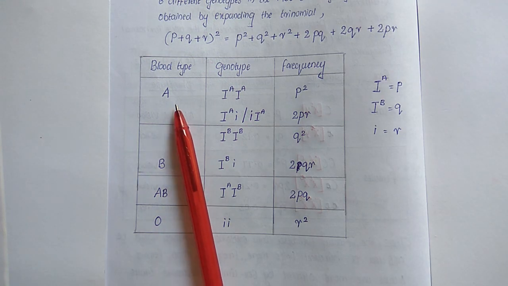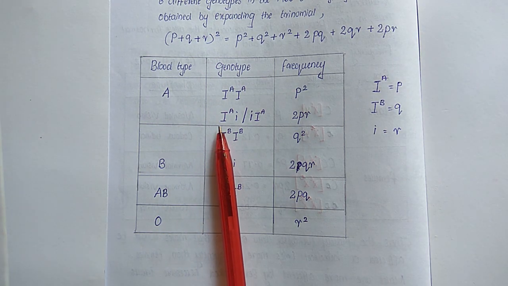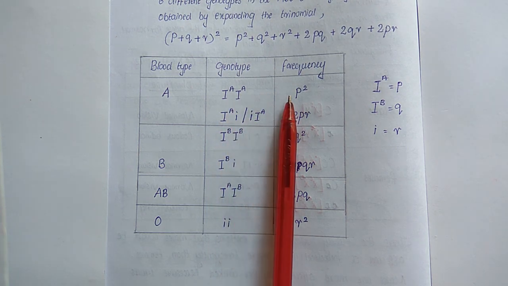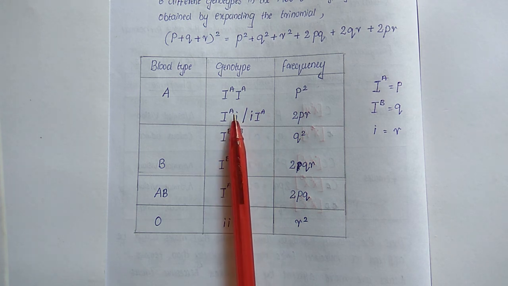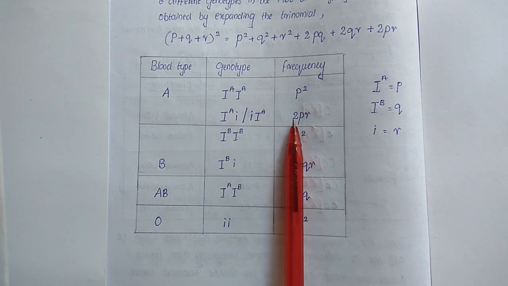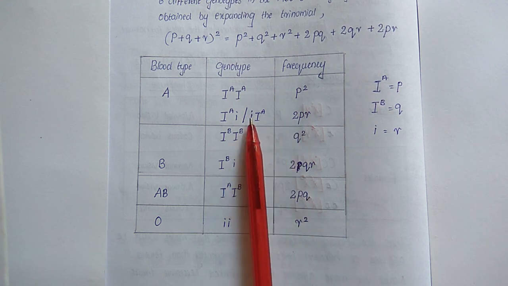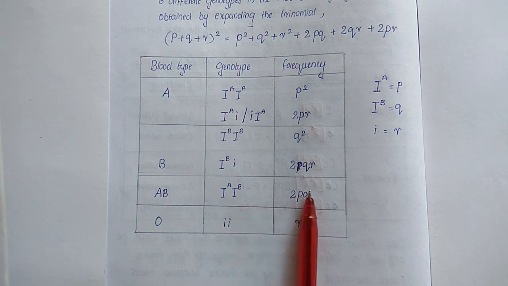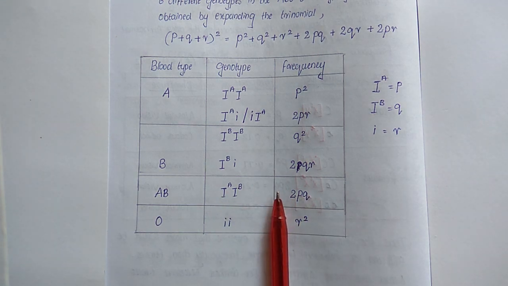In the A blood group, two possible genotypes are present. The first one is IAIA, with frequency p squared, and the second possible condition is IAIO, with frequency 2pr. In this way, we can calculate the genotypic frequency of the ABO blood group system.